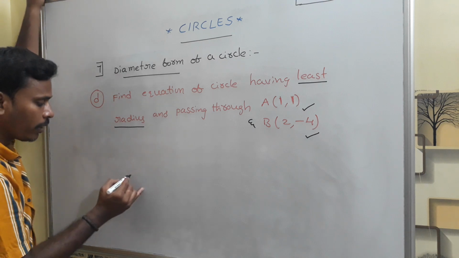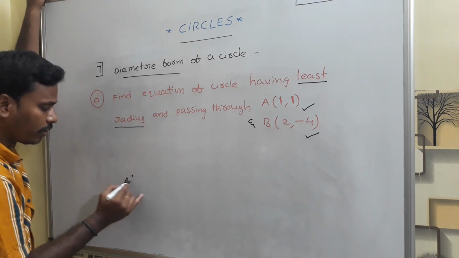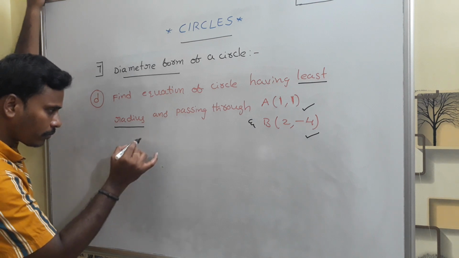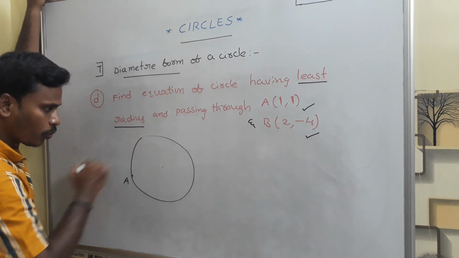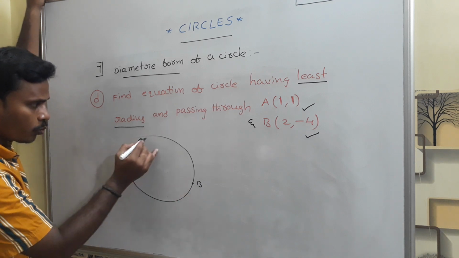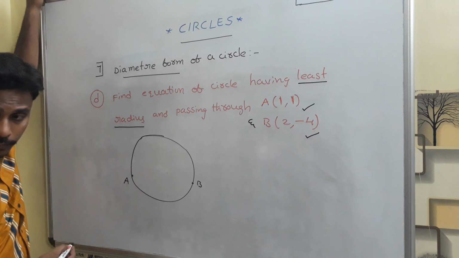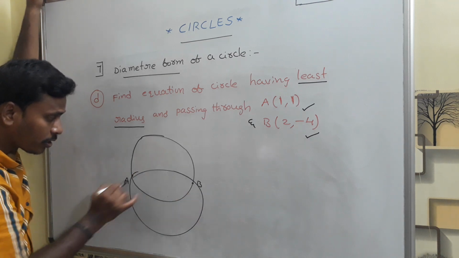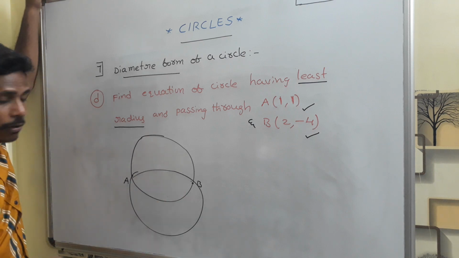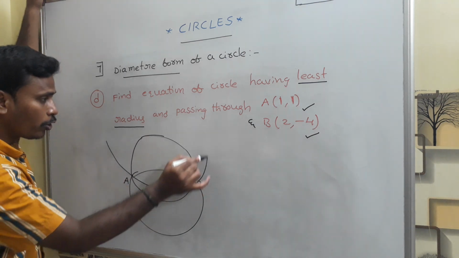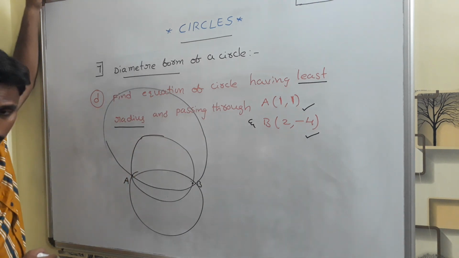Just think about it. Suppose I have a point A here and another point somewhere, B. Say for suppose this is one circle, A here and B here, right? This is one circle passing through AB, and passing through AB I may draw a few more circles also. This is another circle passing through AB, and there is a possibility of drawing another circle.